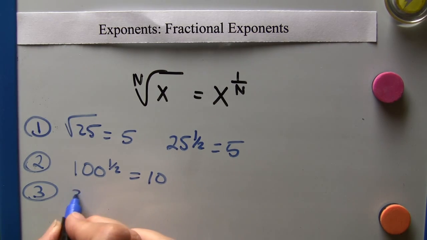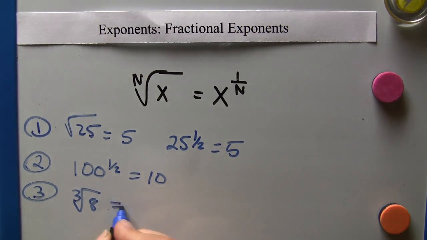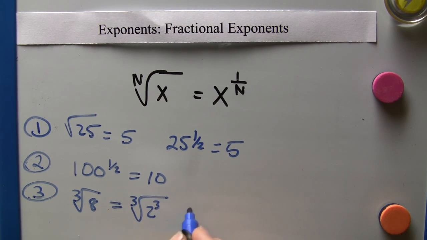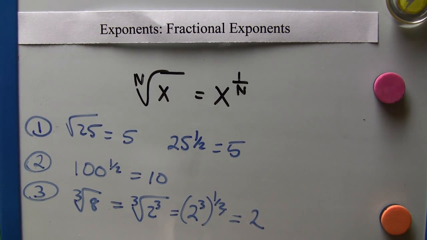3. The cube root of 8 equals, well, that's the cube root of 2 cubed. So that equals 2 cubed to the 1/3. Raise a power to a power we multiply, well, that equals 2.